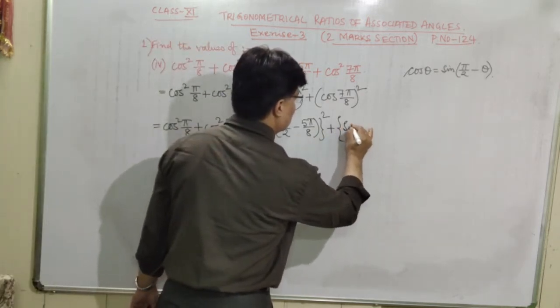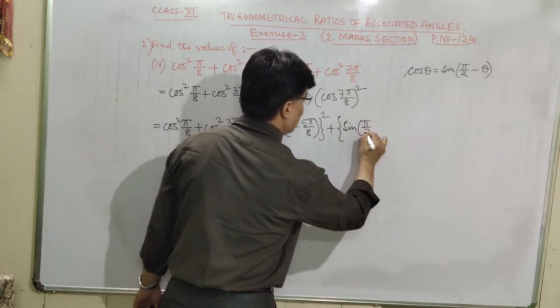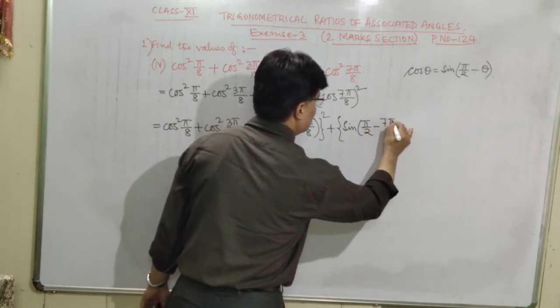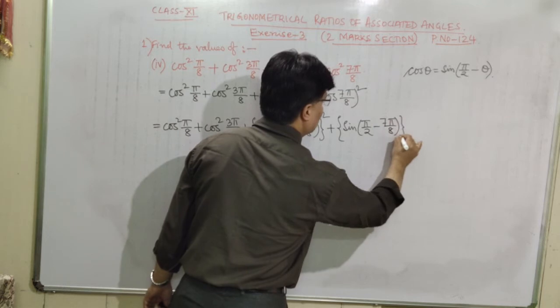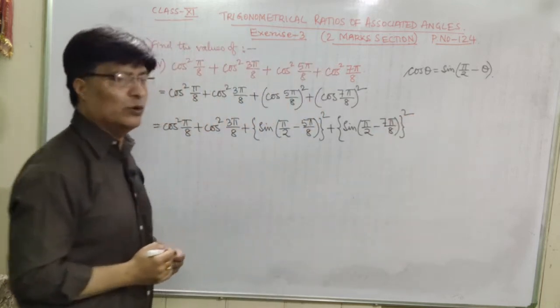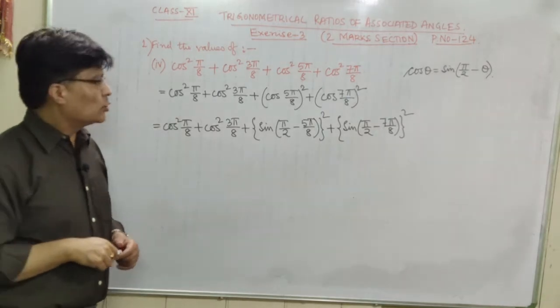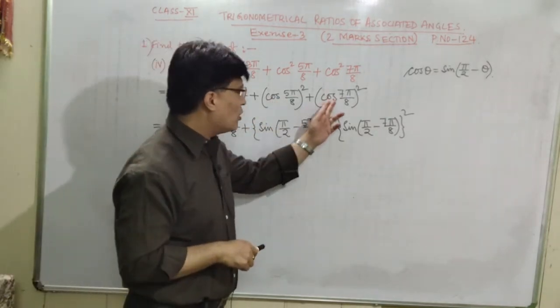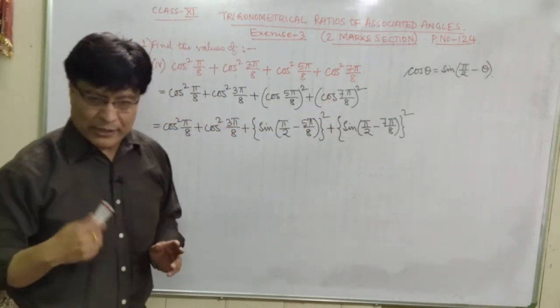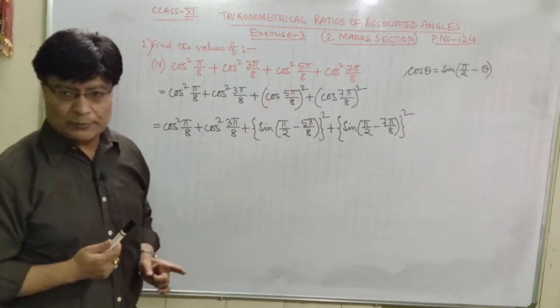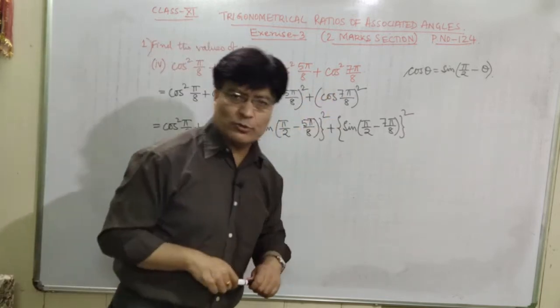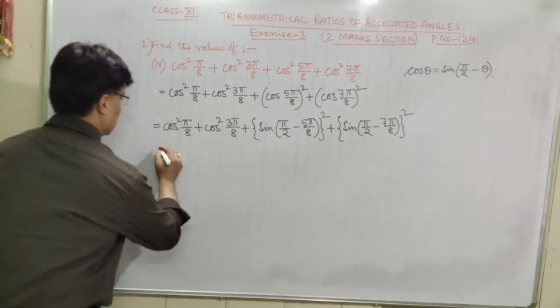So this is also sine of pi by 2 minus 7 pi by 8, second bracket closed, whole square. So I think you've understood it. So we have converted these two cos into sine by using the formula cos theta is equal to sine of pi by 2 minus theta, okay?